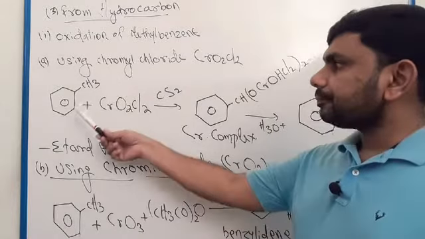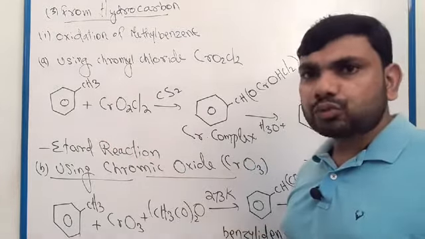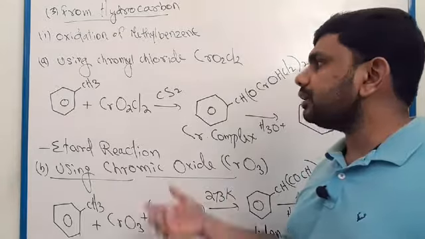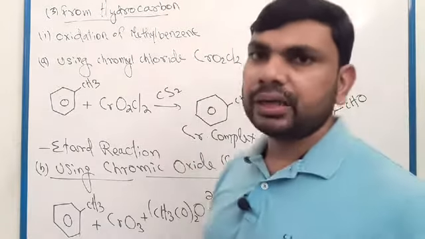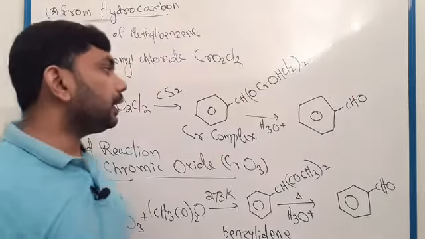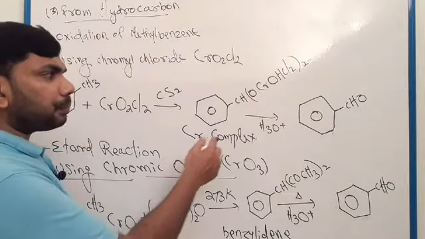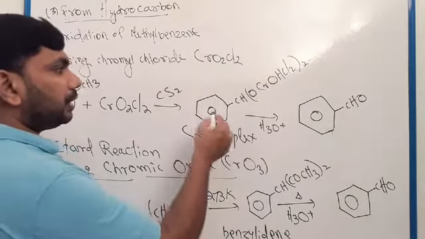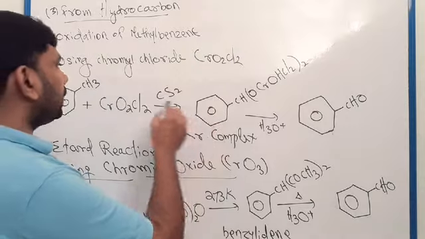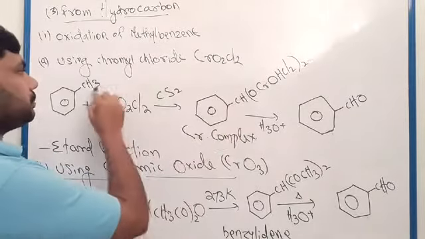Okay, so here methyl benzene treated with chromyl chloride in presence of carbon disulfide changes to a chromium complex. Look here, benzene ring and CH3.